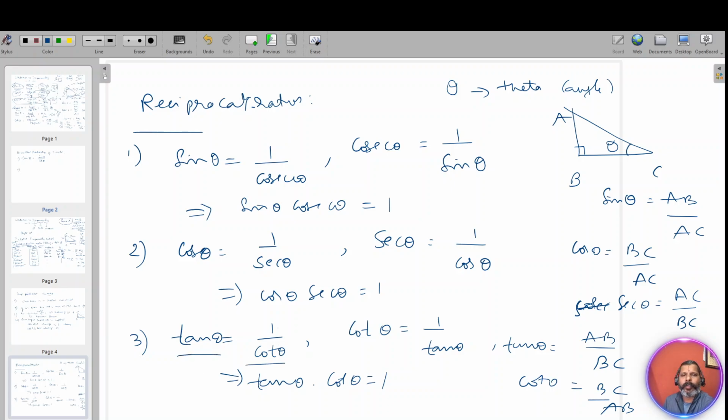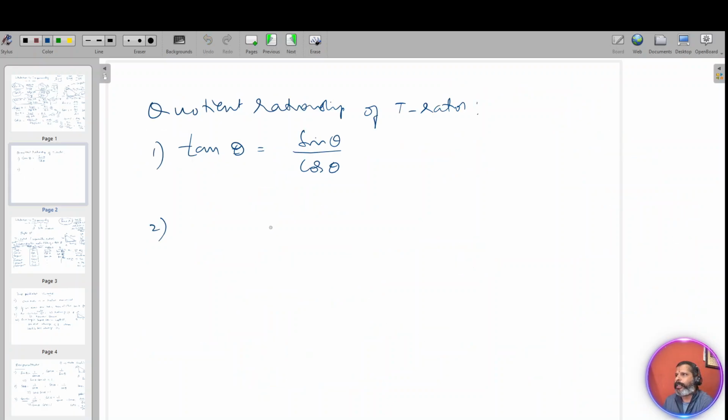Tan is reciprocal of cot. Cot is reciprocal of tan. So with this knowledge, can we write cot theta for the same? It's a reciprocal of tan. That is, tan has value sin by cos. So its reciprocal becomes cos by sin theta. Understood? These are quotient relationships of T ratios.